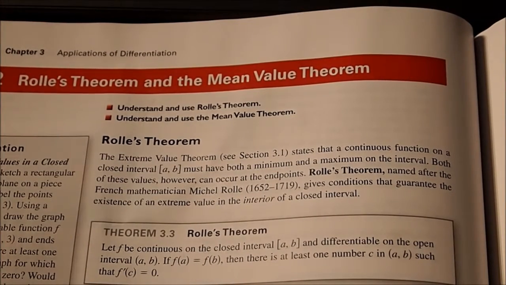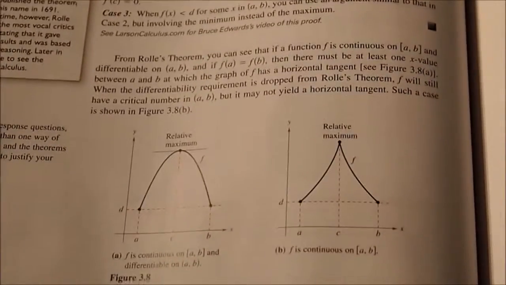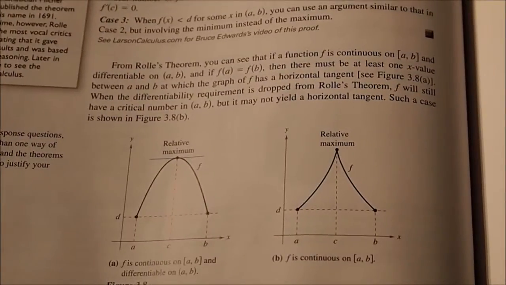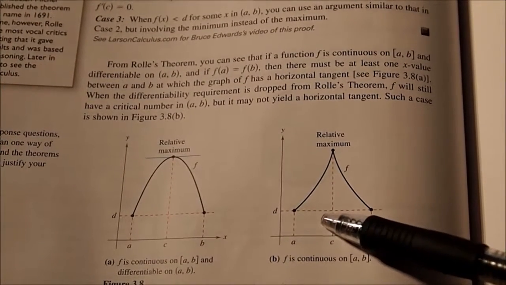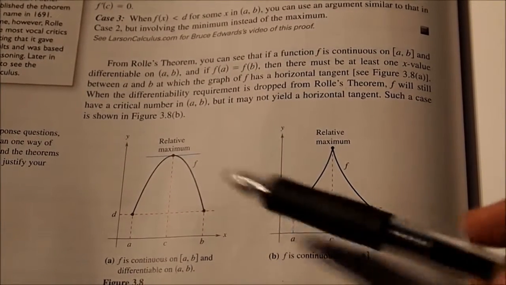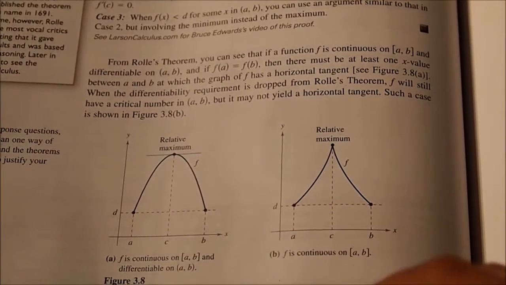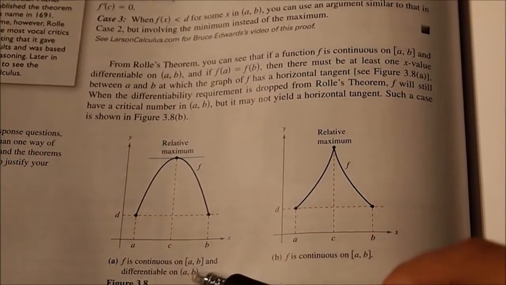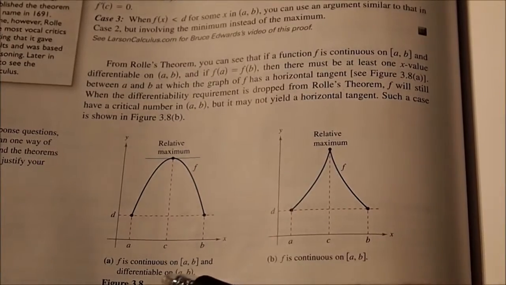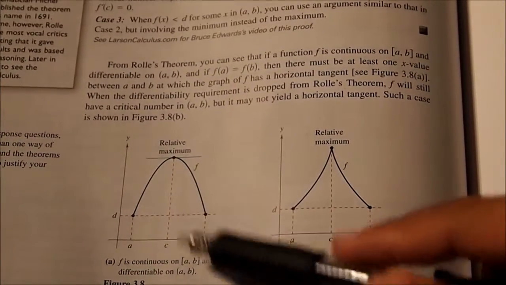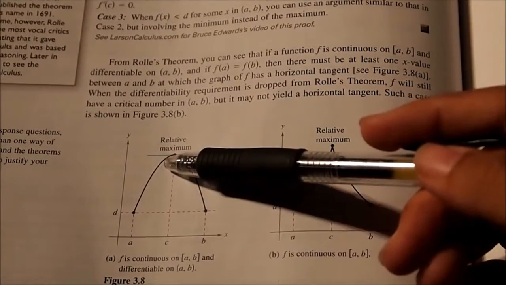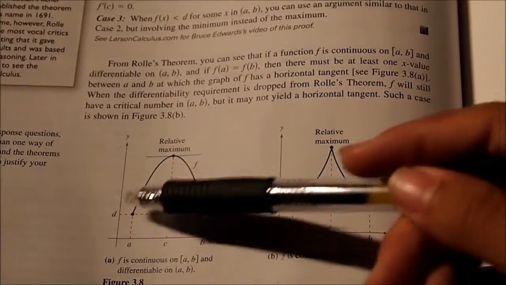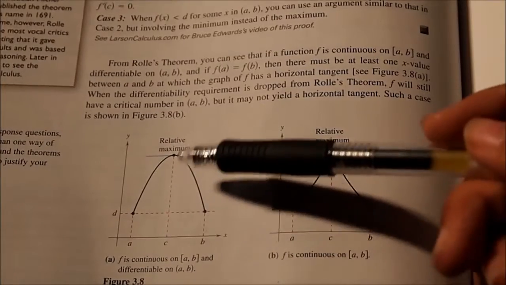Okay, so if we look down, in these two graphs, in the first one, f is continuous on the closed interval [a, b] and differentiable on the open interval (a, b), because there are no vertical tangents, no sharp turns or curves, and because it's continuous, it's differentiable.